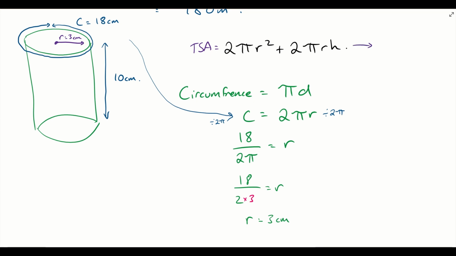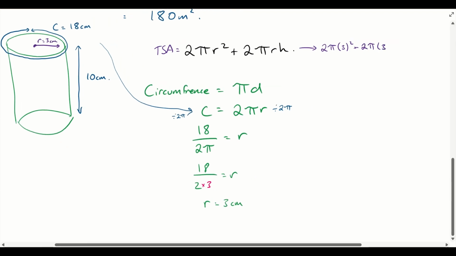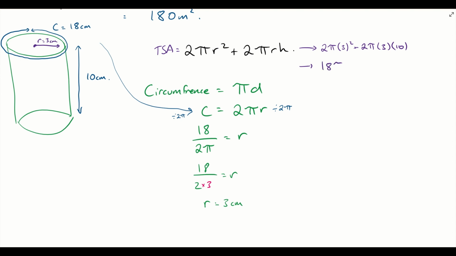Now I can just plug it straight into my formula for the total surface area over here. So I get 2 times pi times 3 squared plus 2 times pi times 3 times the height, which is 10. Okay, and if we evaluate this, we get 9 times 2 is 18 pi centimeters squared plus 60 pi centimeters squared.